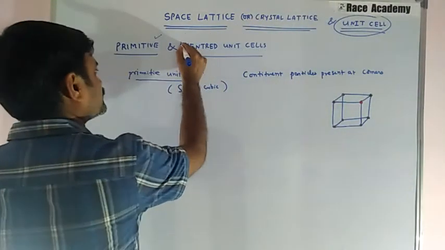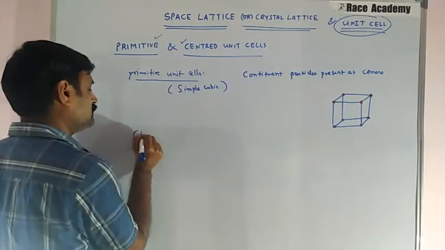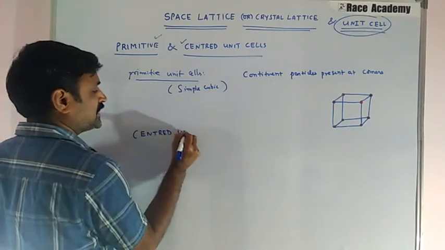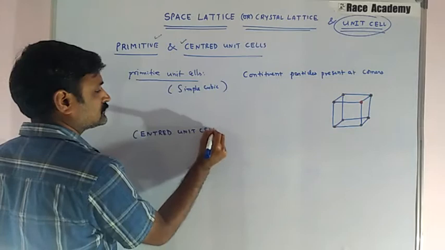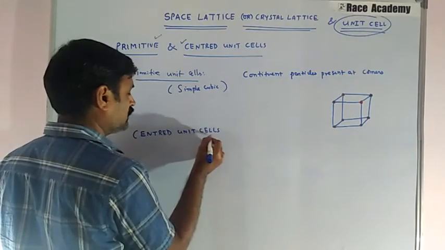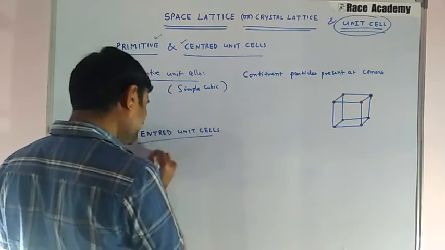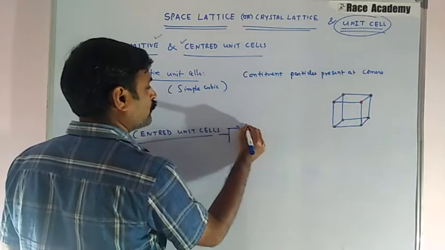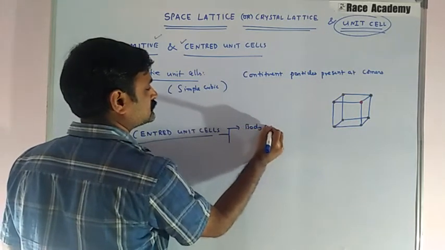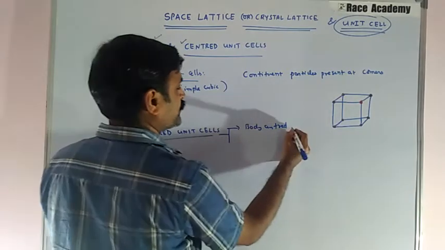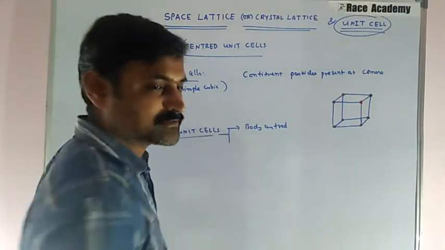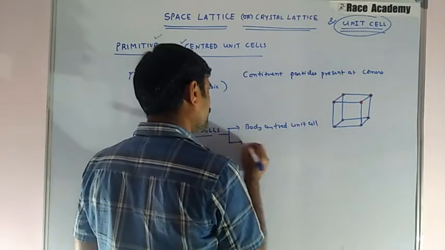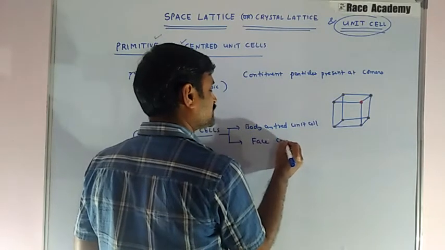Comes the other one, centered unit cells. We have different kinds of centered unit cells. One is called body centered unit cell. The other one is called face centered unit cell.